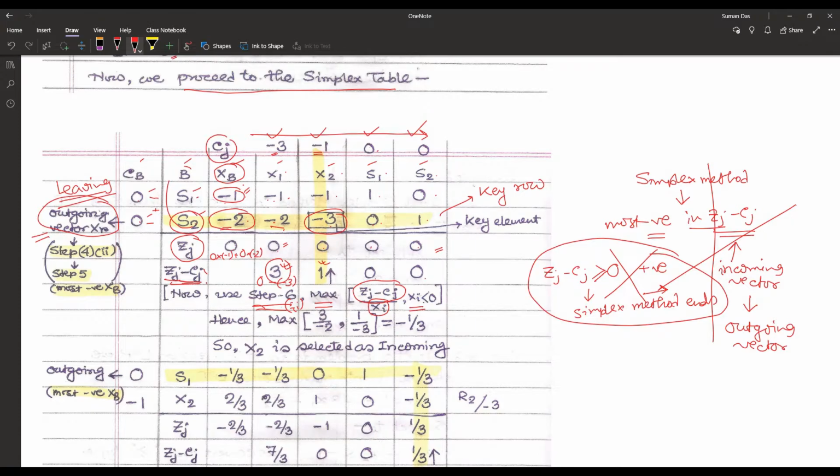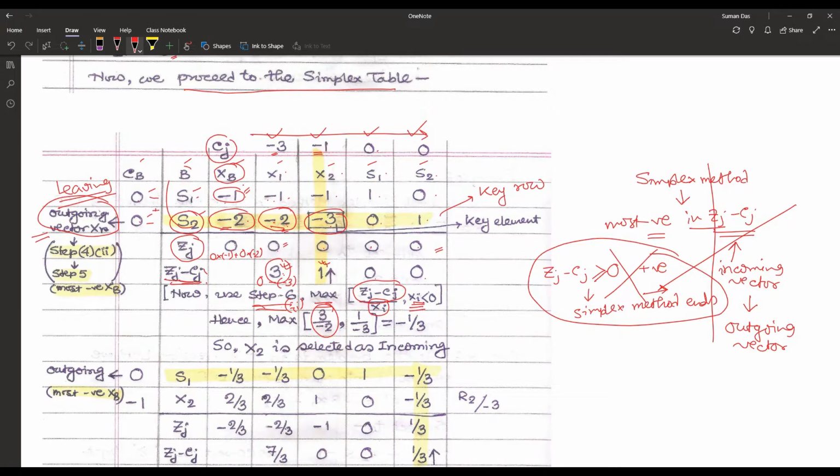Sorry, for 3 that is -2. So that is our Xi, and as Xi is negative, less than 0, we are considering it. So the first one is 3 by -2.